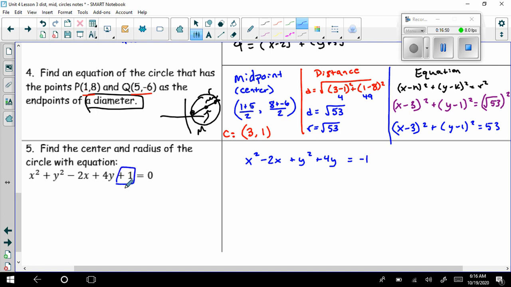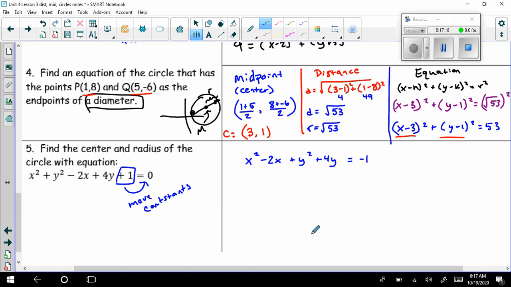So any constants that you have move. And hopefully you can kind of see up here where we're going with this. We want x minus a number quantity squared, y minus a number quantity squared. So we want perfect square trinomials that factor like that.